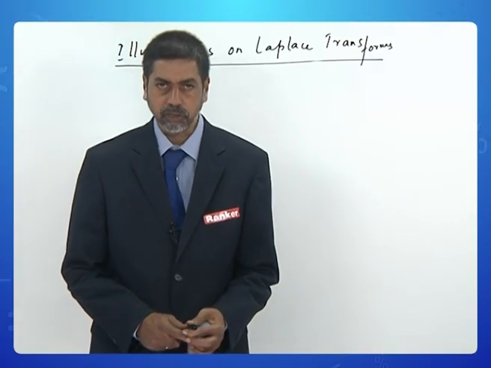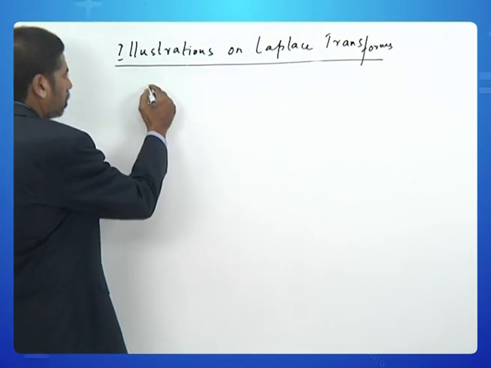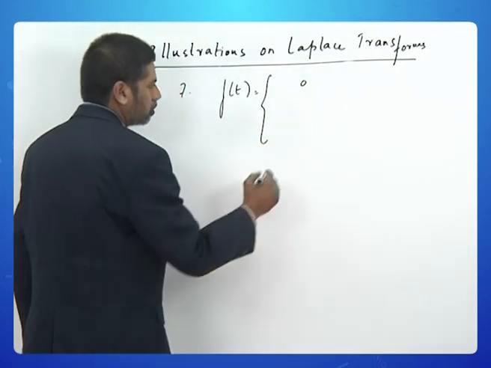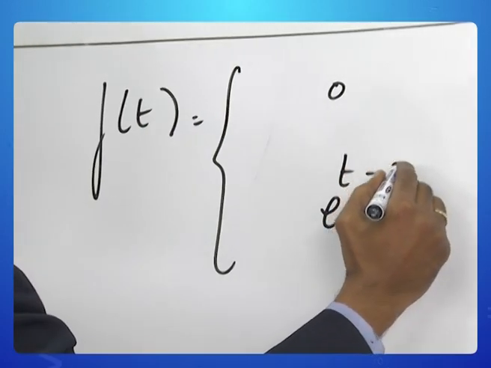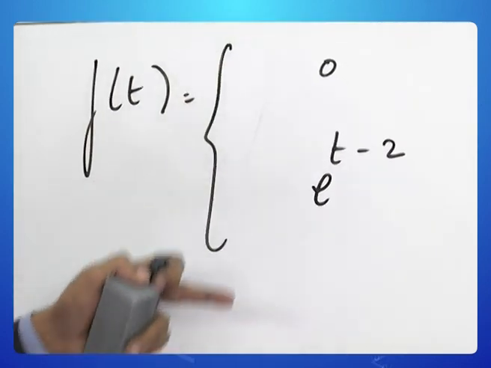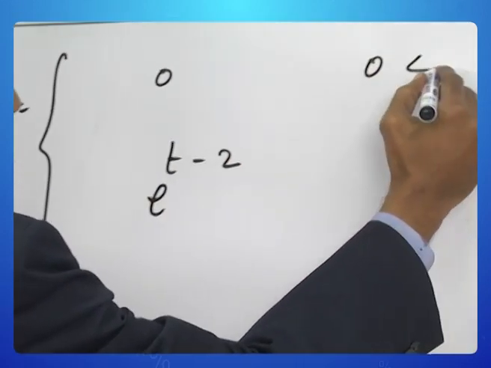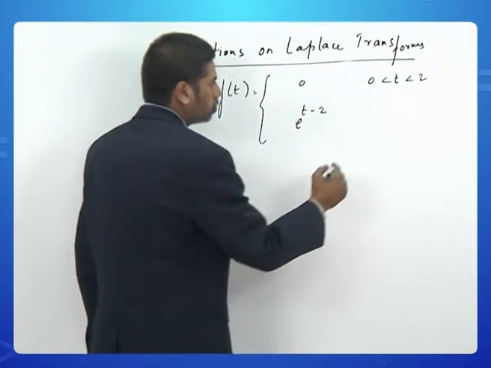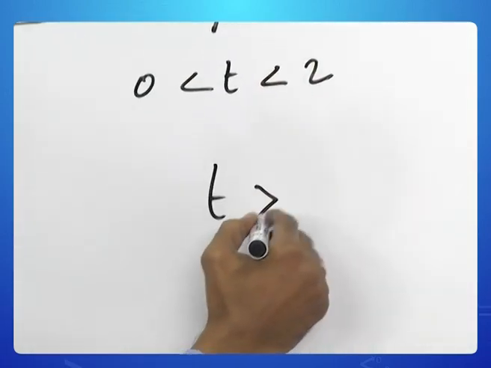The 7th question. There is a function which is defined like this in 2 different intervals, 0 less than t less than 2 and t greater than 2.